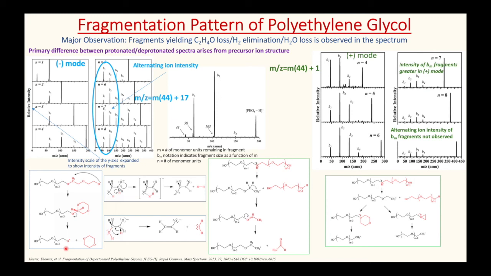And if we take symmetry into account and we flip the polymer and use the other side, it's still going to attribute to the same feature. I guess the major observation though is that you do see fragments yielding the loss of the monomer unit. You see the elimination of the hydride, as well as loss of water, and you'll see those in different combinations.